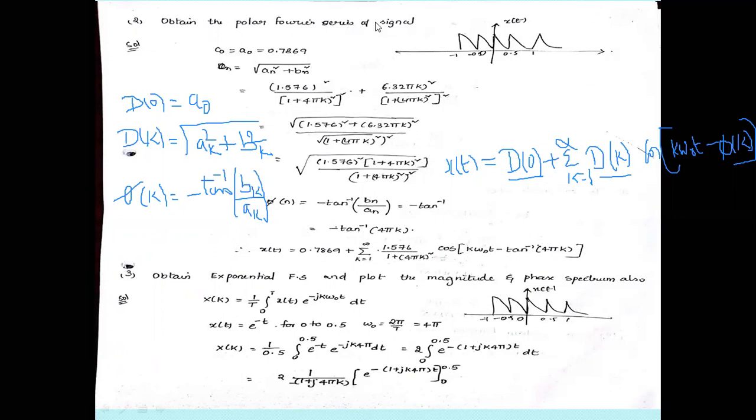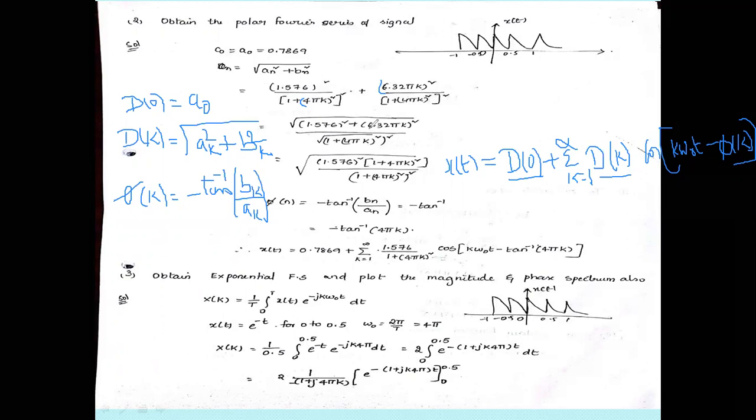Actually, some little mistakes are there here. It should be 4 pi k square, and a whole square also, plus b suffix k square, which is 6.32 pi k whole square, divided by 1 plus 4 pi k square whole square.